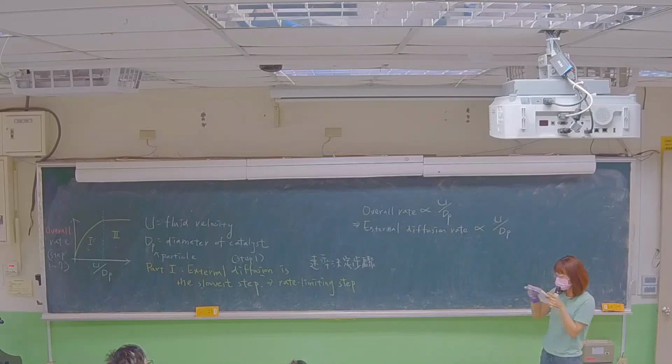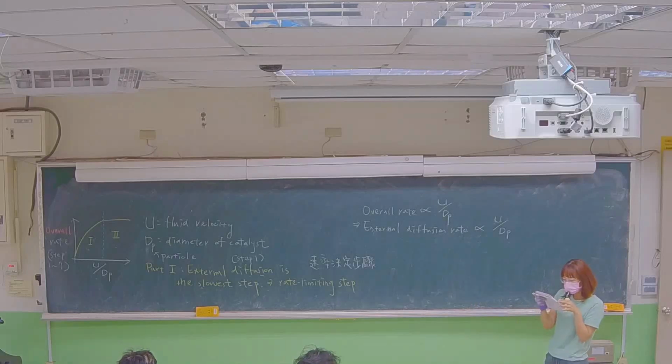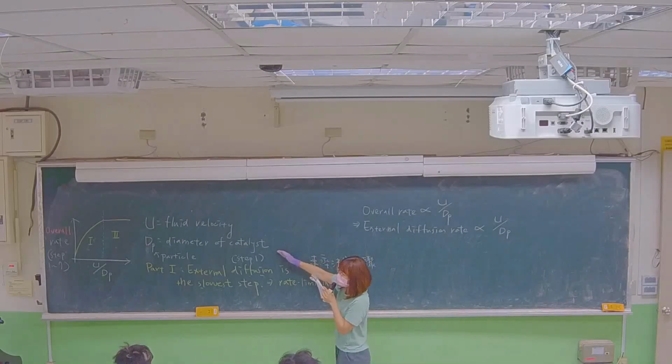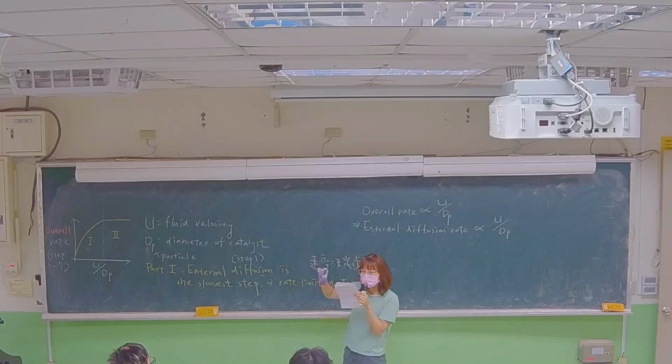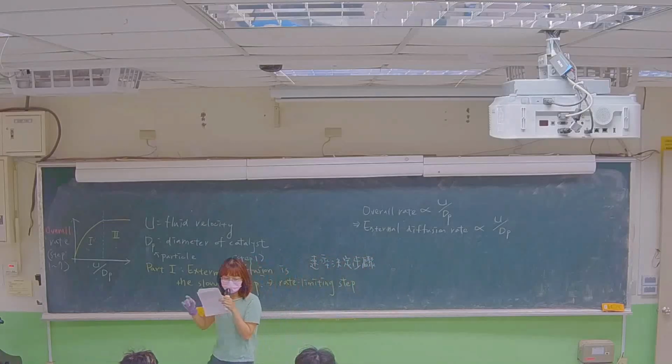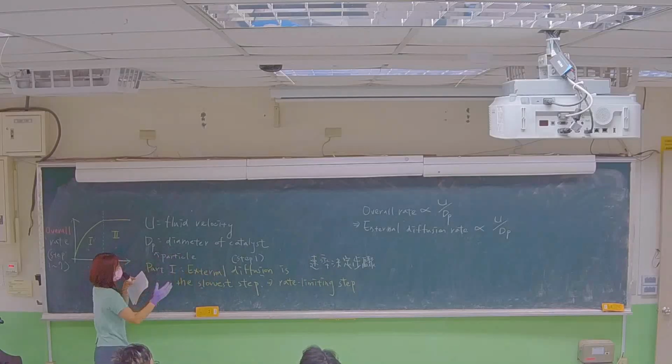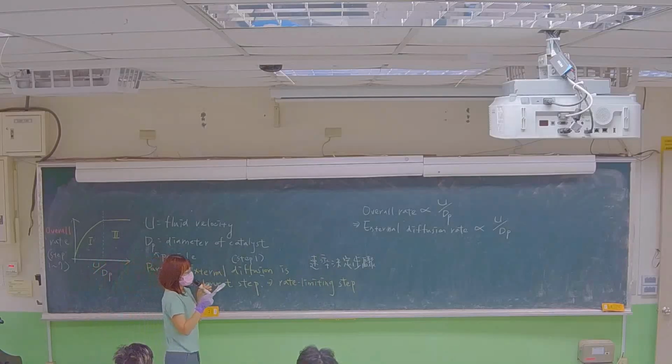For dP, you can see the figures at slide 26. There are two sizes of the particle, so different sizes of the catalyst. There will be different thickness for the boundary layer. So dP, particle diameter, influences the boundary layer thickness.